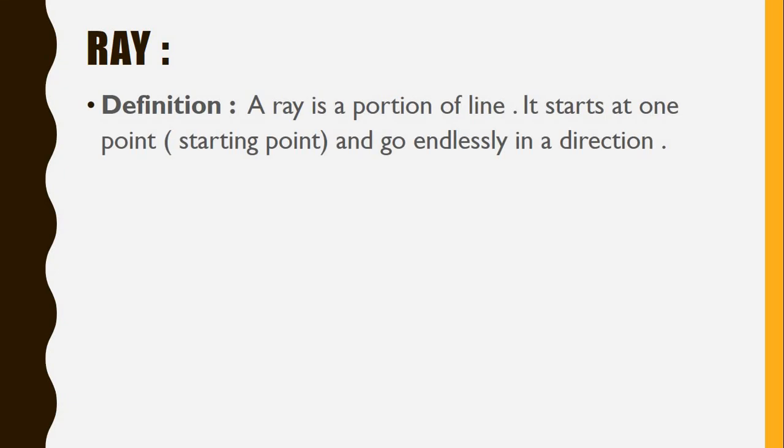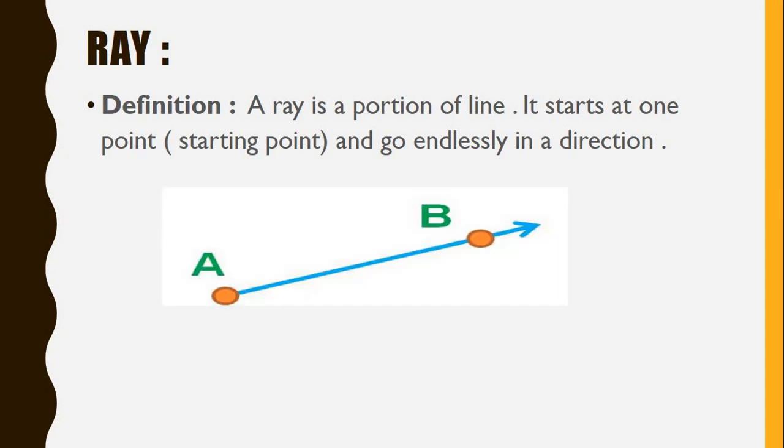Now the next topic is ray. Definition: a ray is a portion of a line. It starts at one point, which we can call the starting point, and goes endlessly in one direction. Here is the diagram of a ray. As you can see here, A is the starting point and B shows the direction of the ray. Notation.